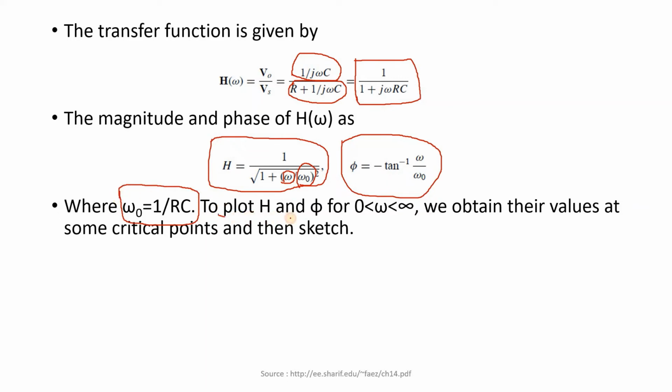To plot H and phi, that is magnitude and phase, we are talking about a frequency range between 0 to infinity. We obtain their values at some critical points and then sketch.